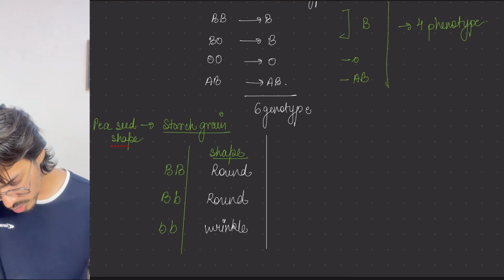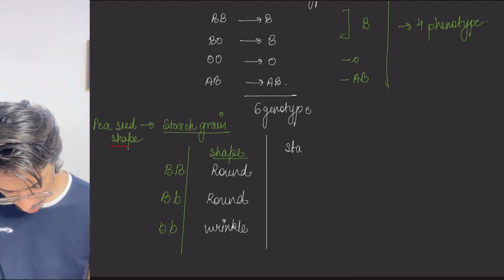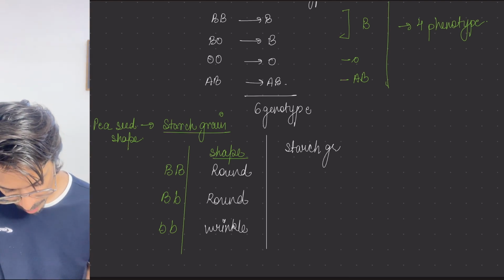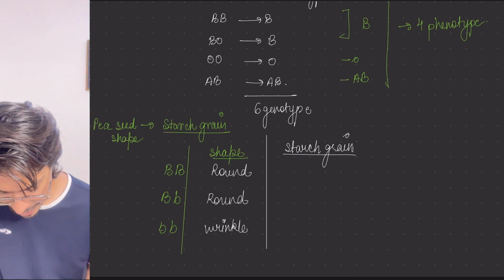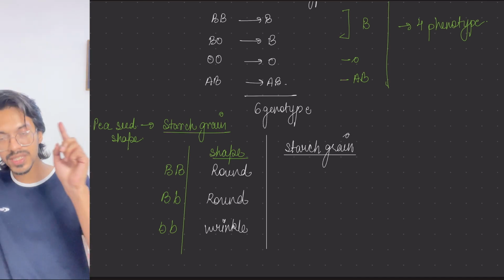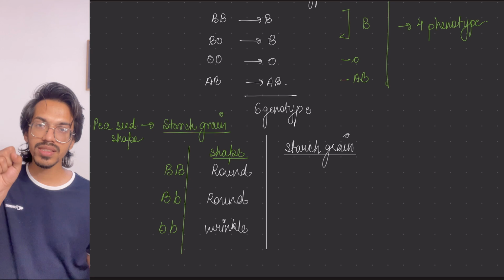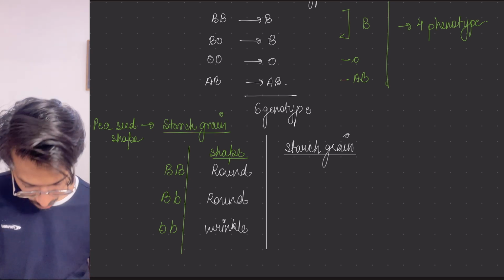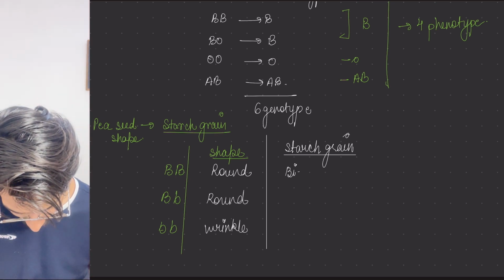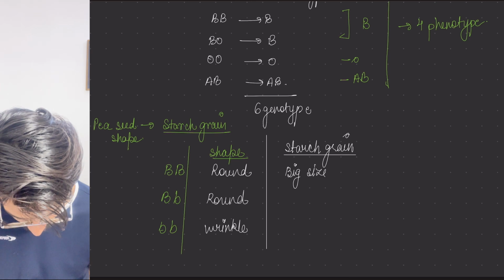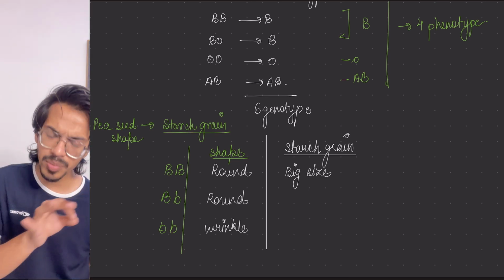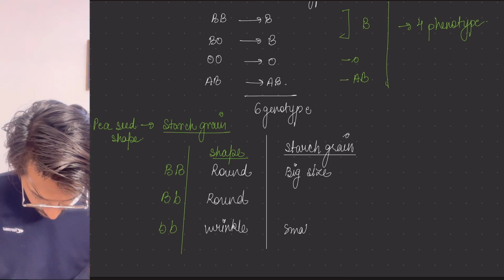Okay. Then what about the starch grain? Starch grain means the amount of content that will be present in it. If it is capital BB, then the starch grain size would be bigger. So it is a big size. Whereas if wrinkled, small size.